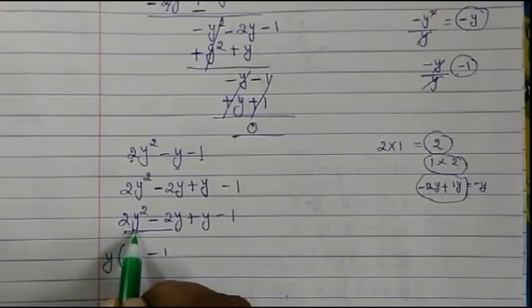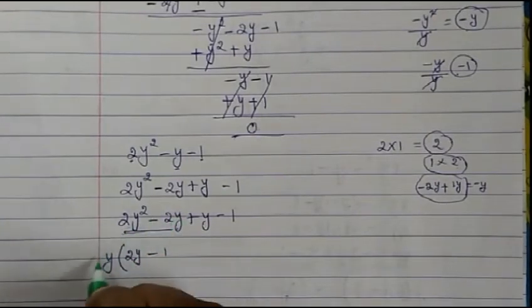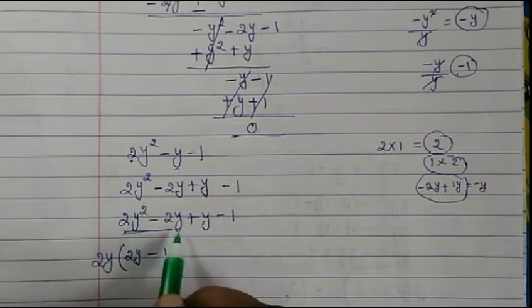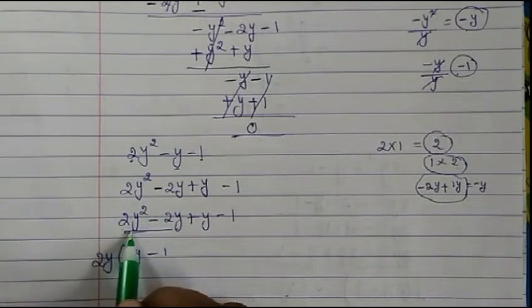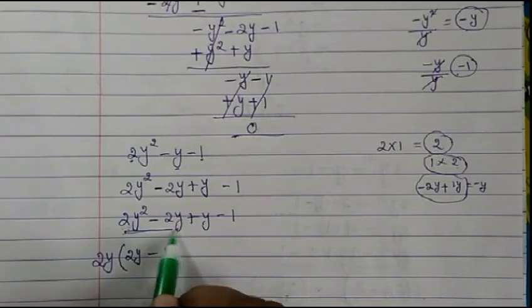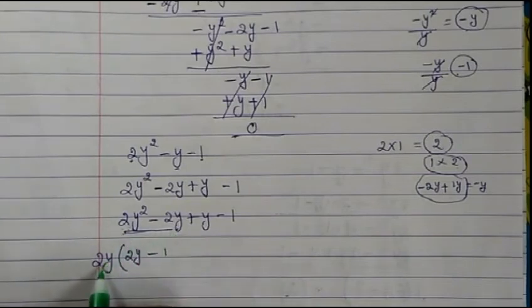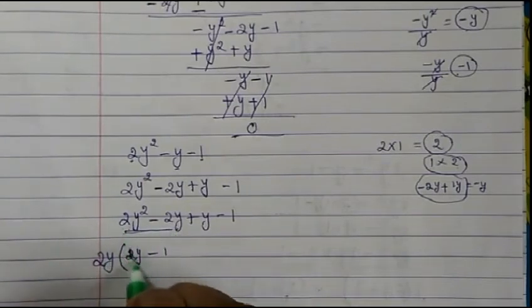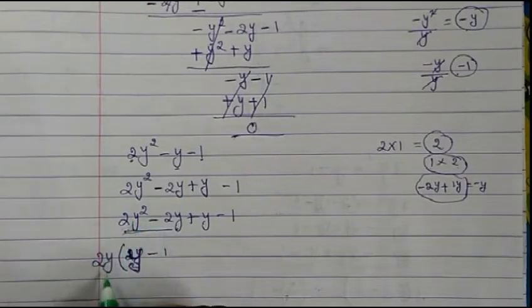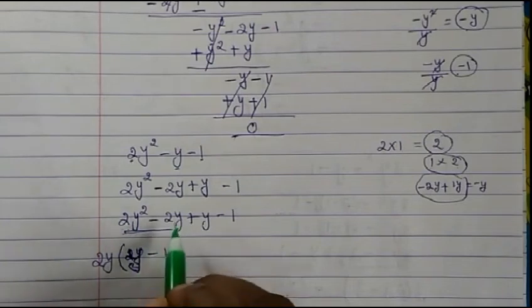Just a little correction here. See here common is 2y, here also 2y. So we will take out 2y as common, because I didn't notice, only y I noticed, there are 2y. Here also 2y is there. So let's take out common 2y. Then inside what we will have? We will have only y because 2y we have taken out.